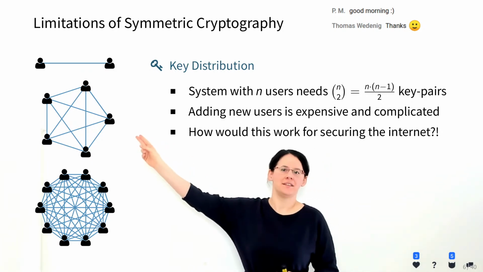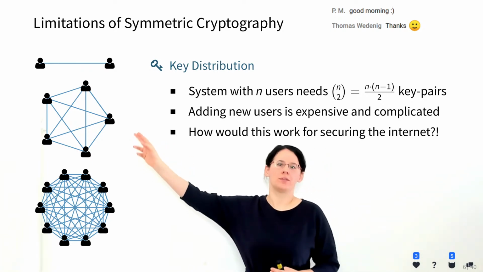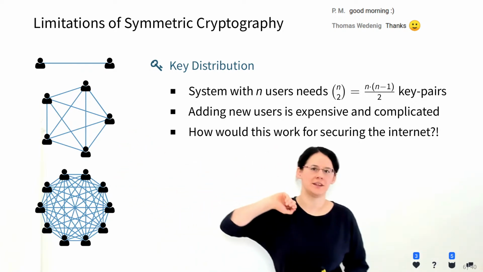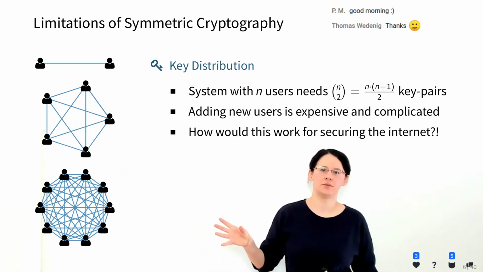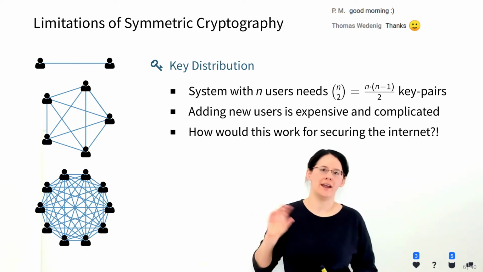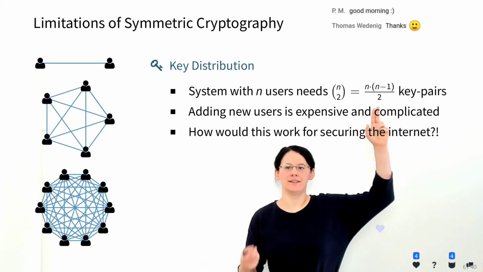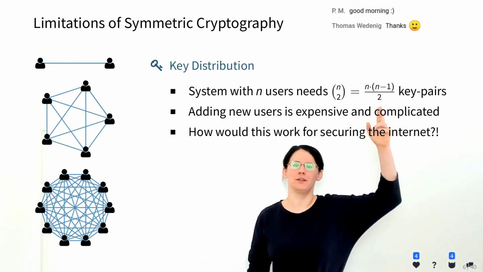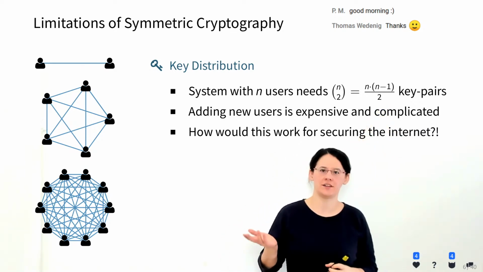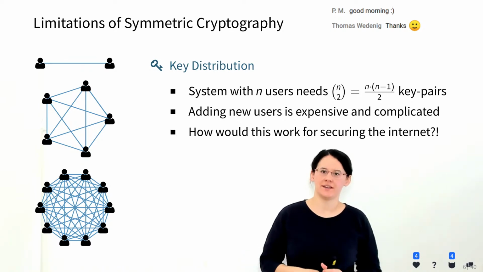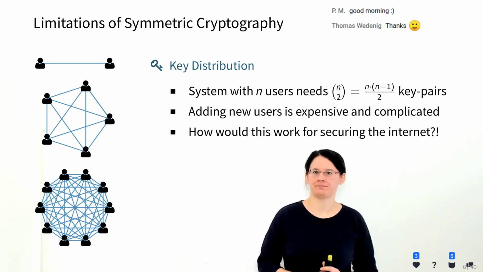Well, every user needs a key with every other person they want to communicate with. So every one of the n users needs a key for n minus 1 other people. Now in this, of course, we're counting every key twice, because from Alice to Bob and Bob to Alice, so we divide by 2. But this is still a huge number. It's quadratic in the number of users of the system.